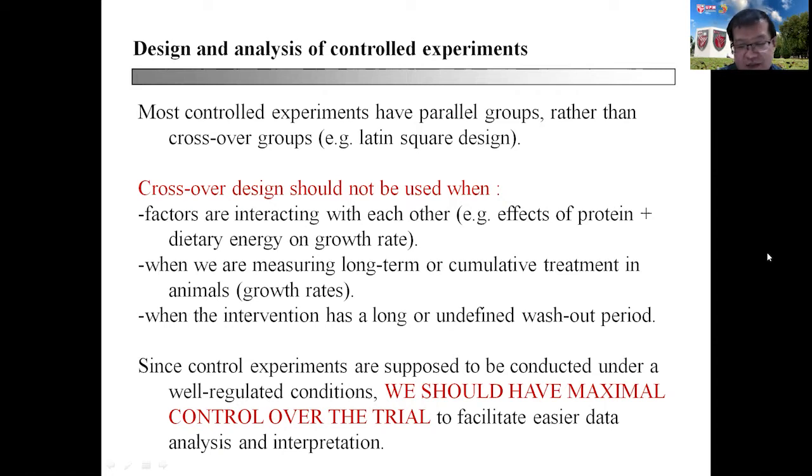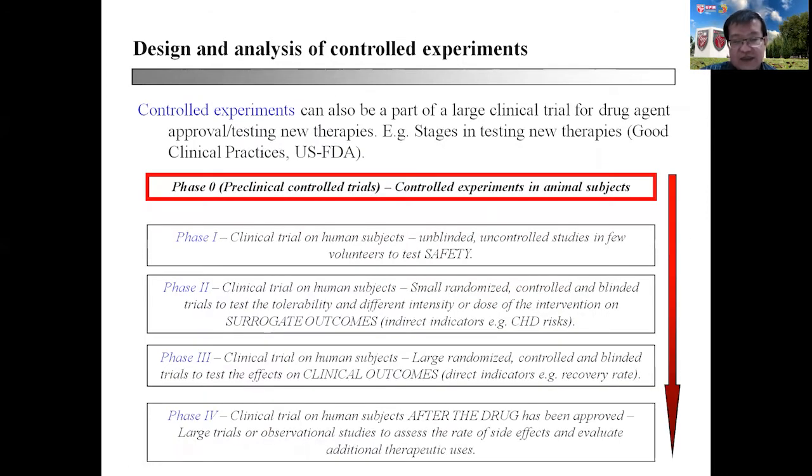So since control experiments are supposed to be conducted under a well-regulated condition, we should have a maximal control over the trial to facilitate easier data analysis and interpretation. Control experiments itself can also be a part of larger clinical trial for drug agent in order for approval or simply drug testing. So stages in testing new therapies based on the good clinical practices, a US FDA is actually outlined as follows.